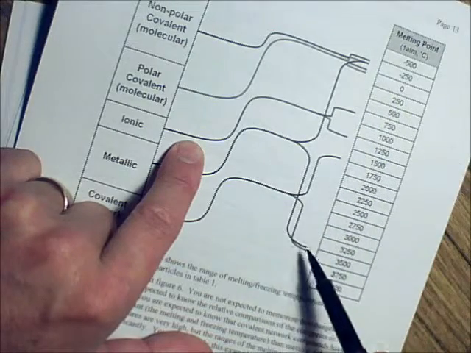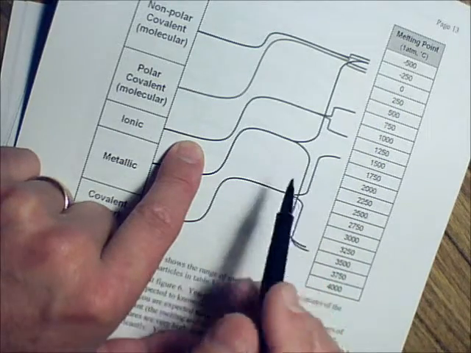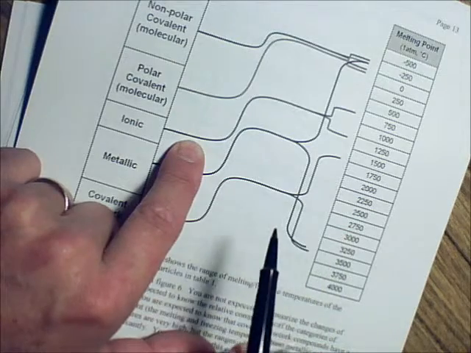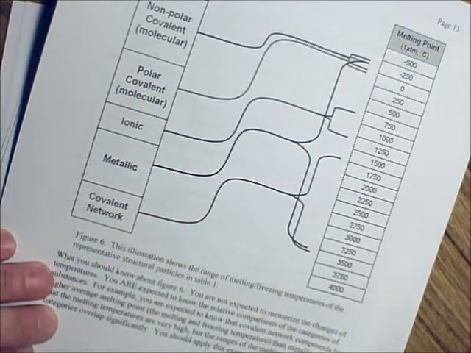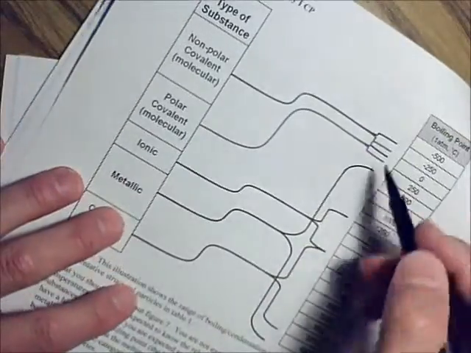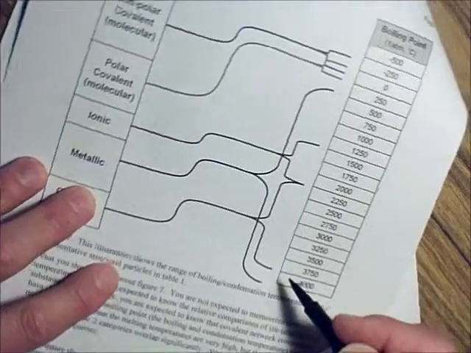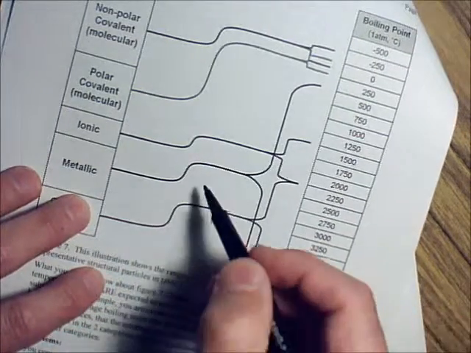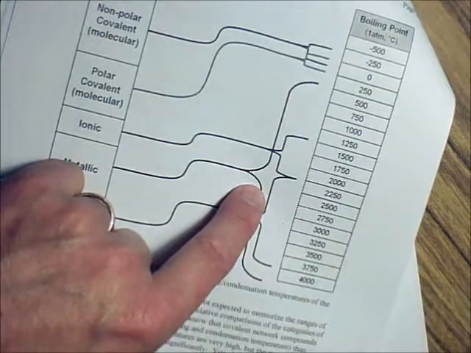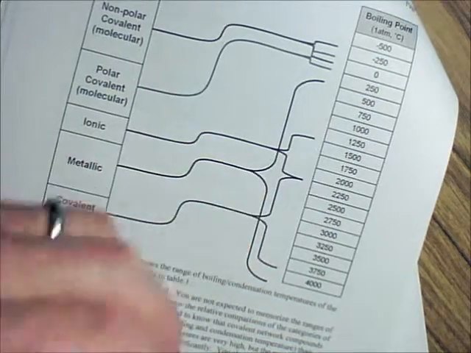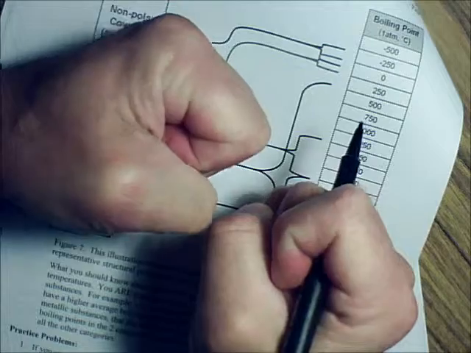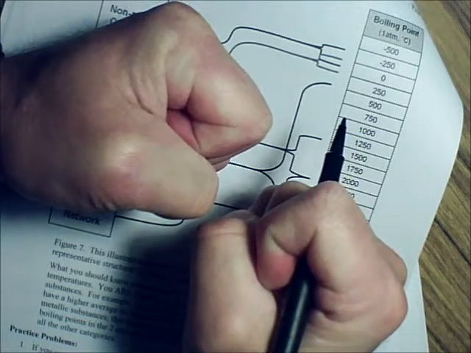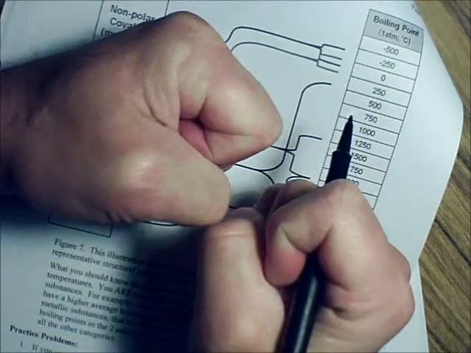Metallic has this huge range, but the average is somewhere in here, much higher than that of ionic substances. And we have a similar behavior for the boiling points, where you got this really, really wide range of boiling temperatures, but on the average, they're higher than that of ionic. So it's harder to pull apart metallic particles that are glued together by that sea of electrons that's sort of holding the whole thing together.